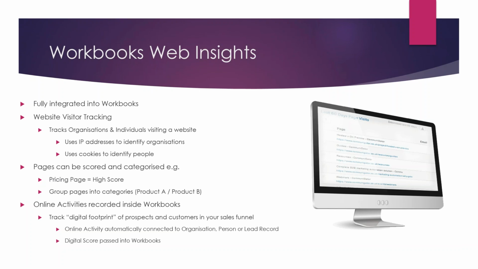So this is just a bit of an overview of what we've just covered in terms of the online activities automatically connected to the record of the organization, the person, or the lead, and that score is passed across to workbooks as well. So because it tracks each one, then you can do totals and see who is reacting the best to your website, your shop front, if you like.